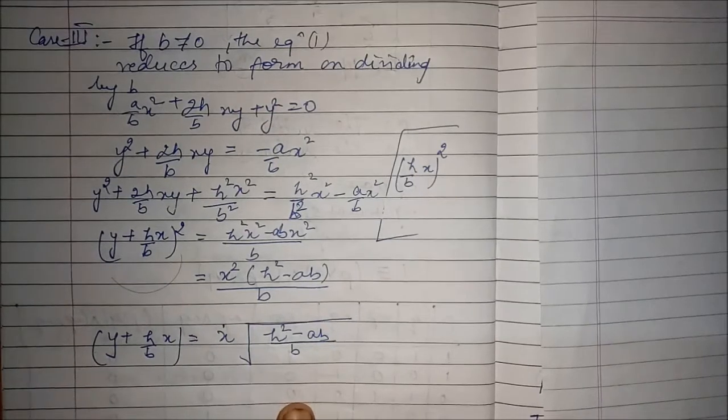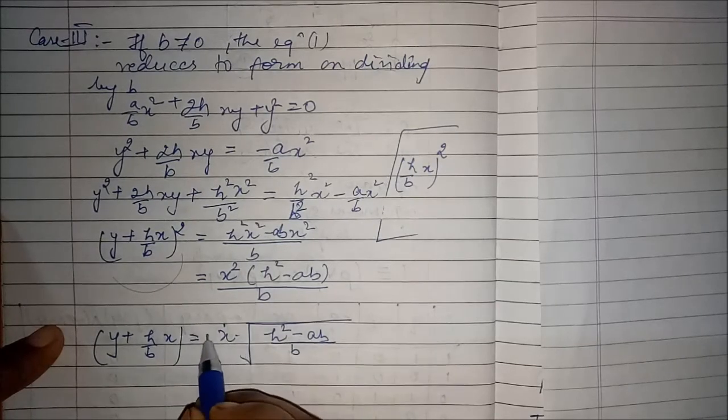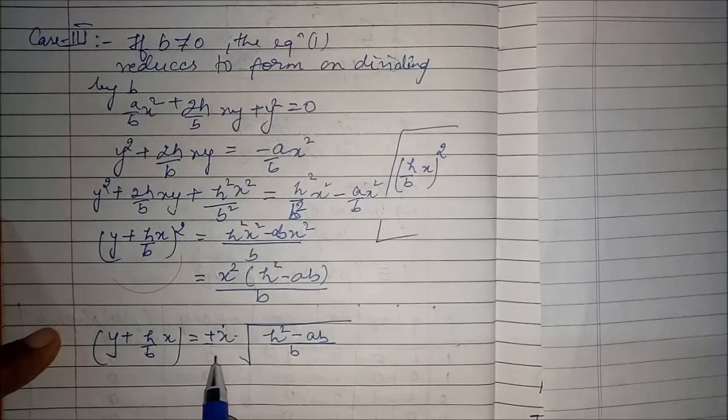Now from here we get two values, as we are taking under root, so we take plus and minus.